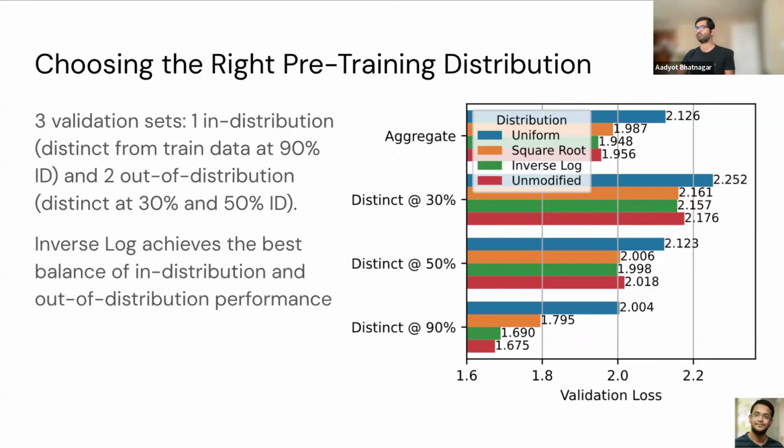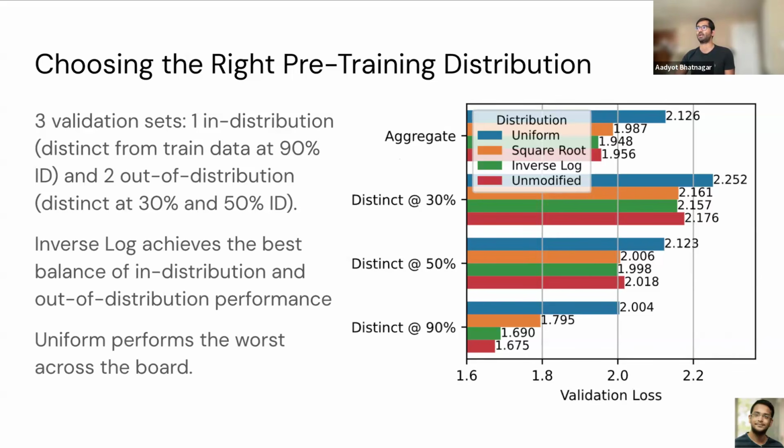What we find is that inverse log achieves the best balance of in distribution and out of distribution performance. And quite surprisingly, this uniform distribution performs by far the worst across the board. I think this is notable because a lot of the existing protein language model works tend to bias towards a more uniform distribution.